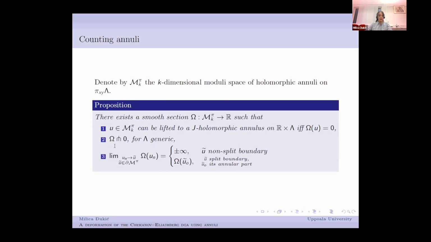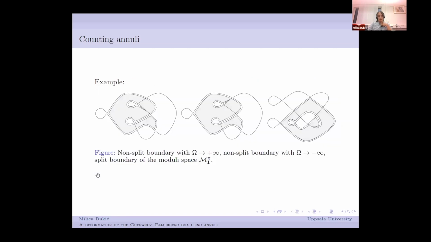Moreover, omega is transverse to the zero section for generic lambda and has some specific behavior at the boundary. So one can see what the limit is at the boundary of this obstruction section. And maybe I better show it on these examples. So there are two types of boundary of these holomorphic annuli in the projection.